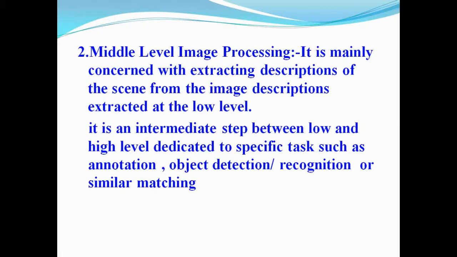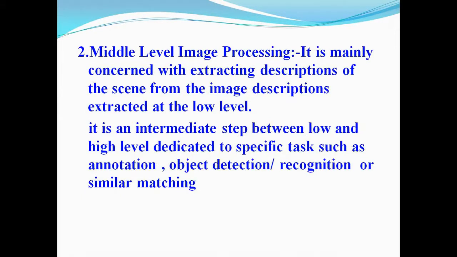Next we have the second one, middle level image processing. What is meant by middle level image processing? Generally, middle level image processing is an intermediate between the low level and the high level process. It is mainly concerned with extracting descriptions of the scene from the image descriptors extracted at the low level.